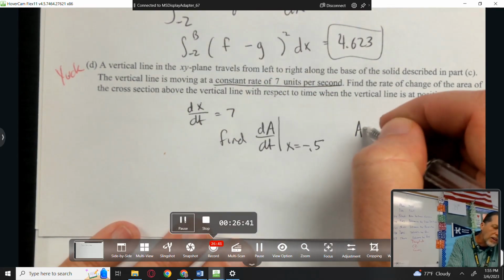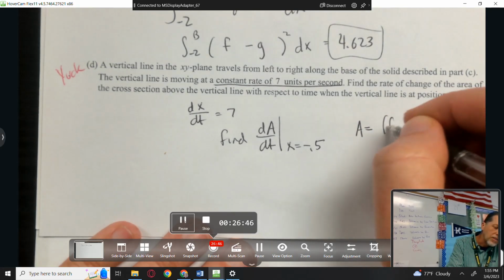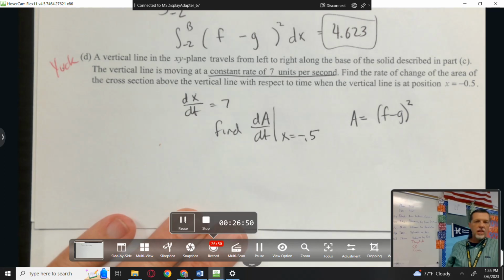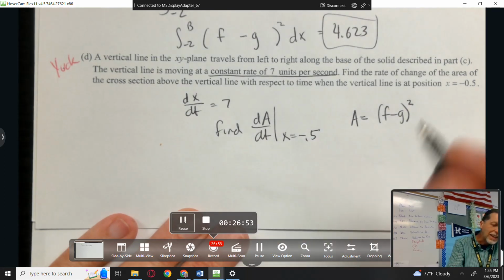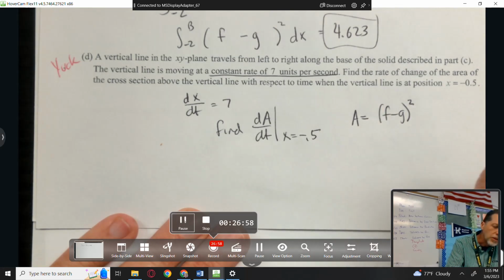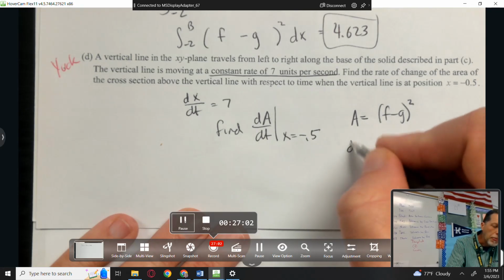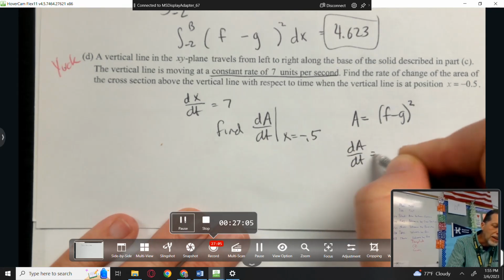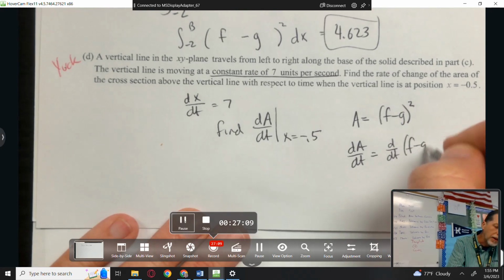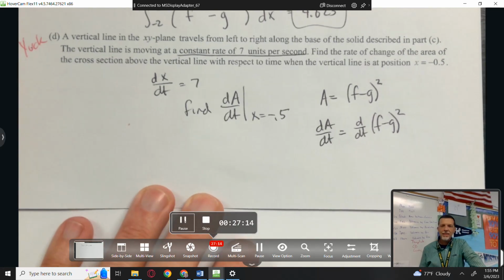So that area is, this is related to part C. That area is f minus g squared. If I want dA dt, this is maybe tricky. I need a derivative. dA dt equals d dt of f minus g squared. But I'd really like a calculator to do this.